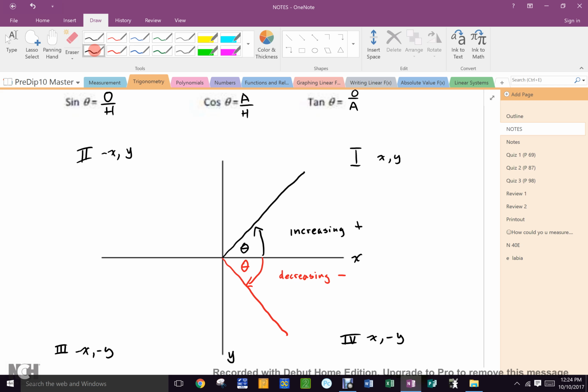Well, first of all, we would count this way, would we not? So that red line makes an angle, doesn't it? It makes a positive angle of 90, 180, 270, and a little bit more, yes? But that is the same as this side, which would be 360 minus that theta. Is everybody cool with that?